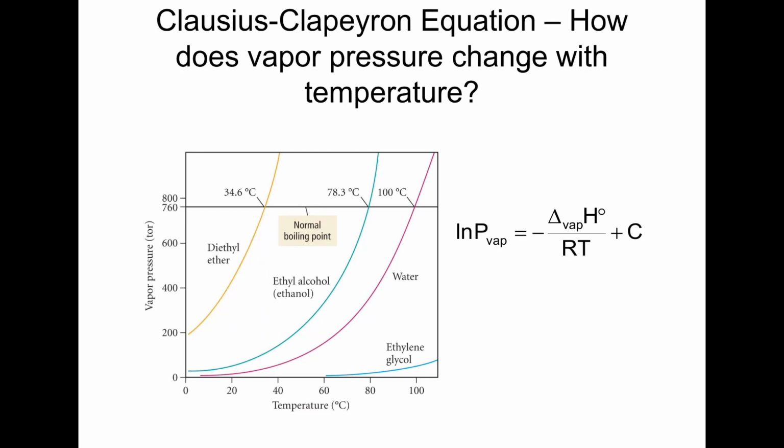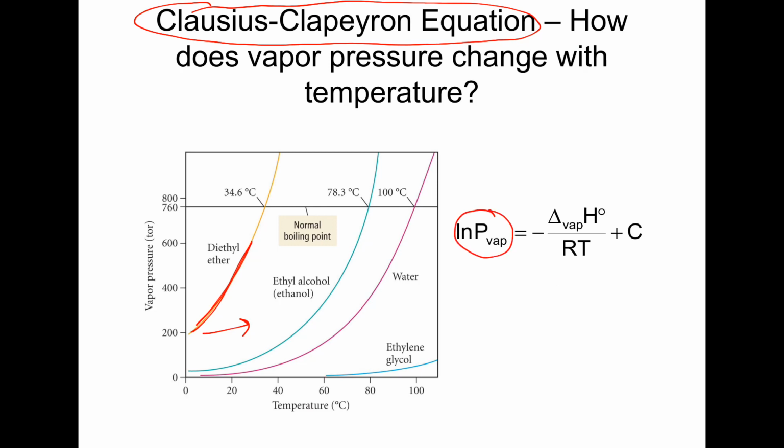Now, if we're trying to predict how the vapor pressure is going to change with temperature, there's an equation called the Clausius Clapeyron equation that allows us to calculate this. Its form is a little bit complicated. It's saying that the natural log of the vapor pressure, so not this vapor pressure, but the natural log of it, is equal to the negative delta H of vaporization divided by RT.